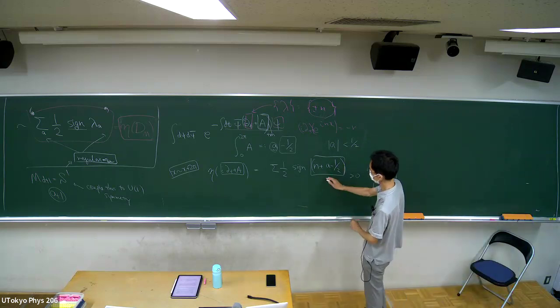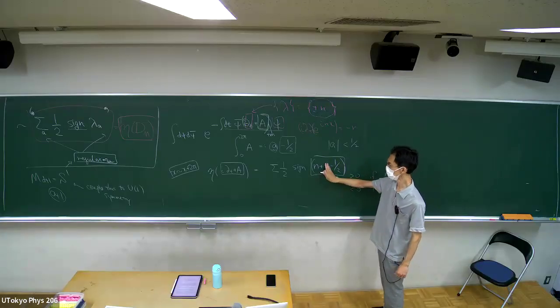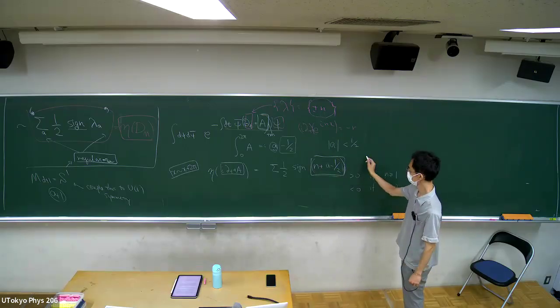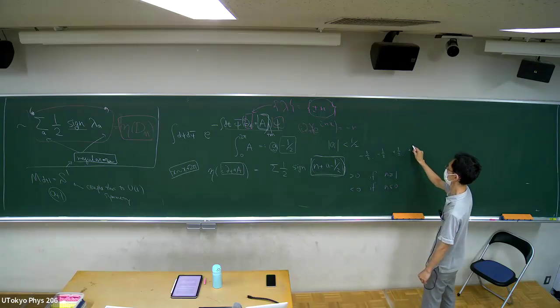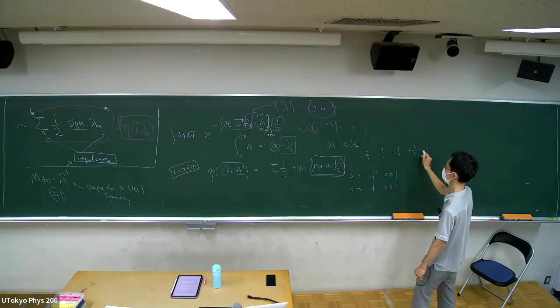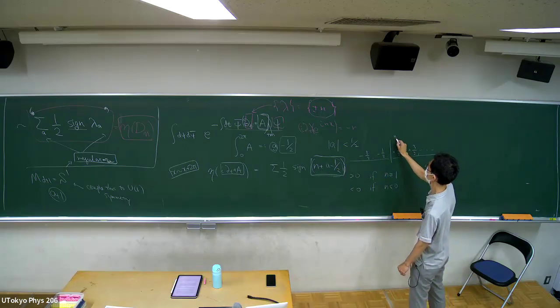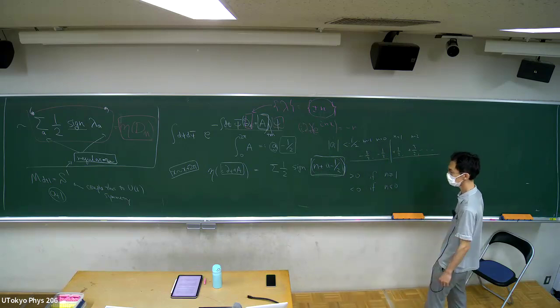For simplicity, let's take A to be 0. When A is 0, then this runs over all half integers. So minus 3 halves, minus 1/2, plus 1/2, plus 3 halves. So these are positive, these are negative. This corresponds to n equals 1, n equals 2, and this is n equals 0, and minus 1, right?